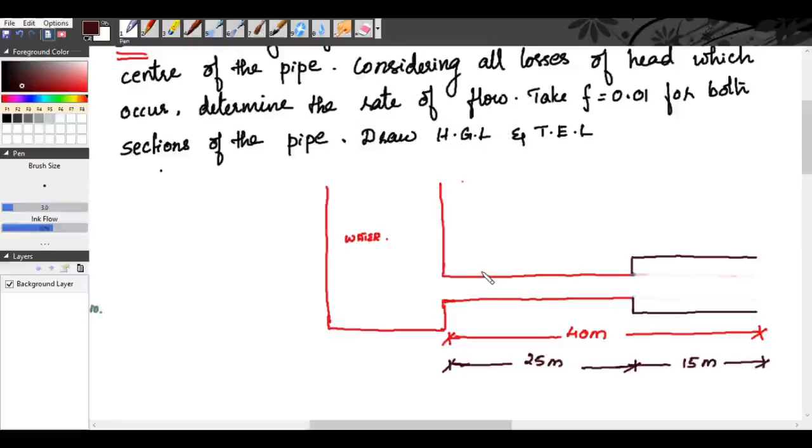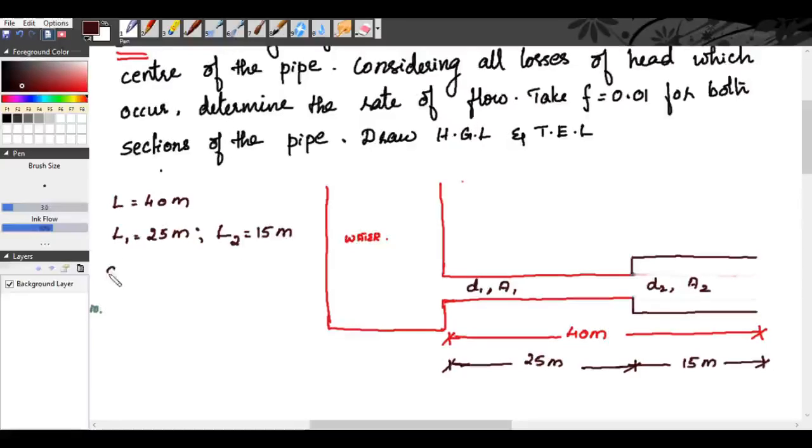Also, the diameter of the first pipe, let us take this as D1 and the area of the pipe as A1, and the diameter of pipe 2 as D2 and area A2 respectively. Now, let us write the given data. The length of the pipe L is equal to 40 meter, L1 is equal to 25 meter, L2 is equal to 15 meter.